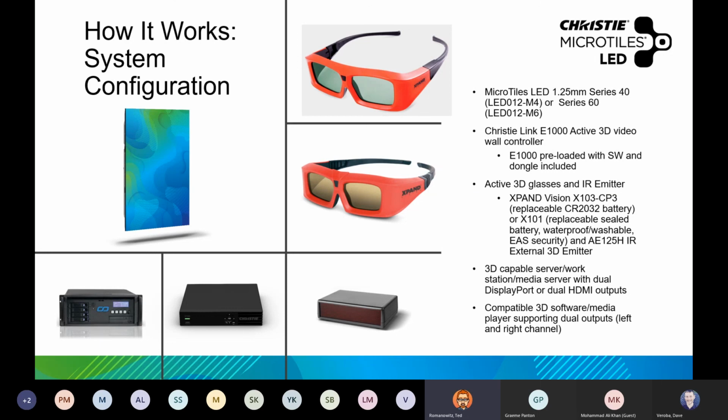And those are played into the box, then into the E1000, and then sent to the screen to create the really immersive 3D effect. So, we can work with you, and we've experimented a lot. We've used some different 3D players. Again, with Pandora's Box especially, it's a really great solution. Next slide.